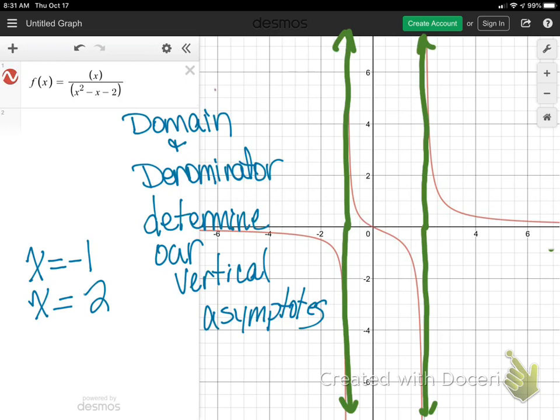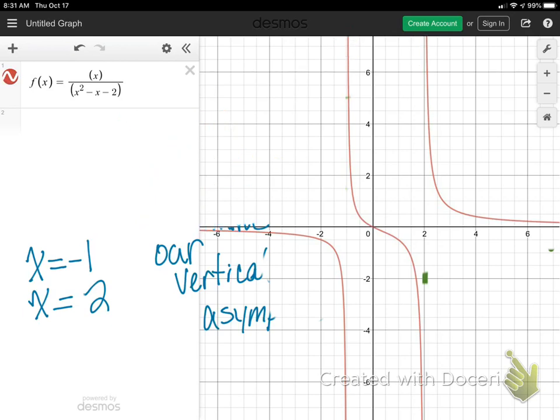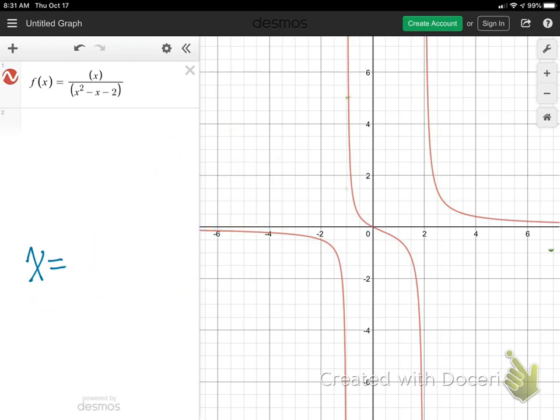Now, can I erase all this? Okay. Now what I want you to look at is the degree of my numerator. What is the degree of my numerator? 1.